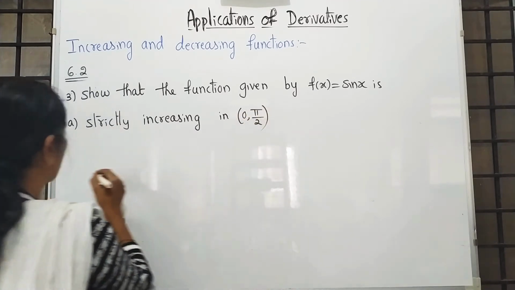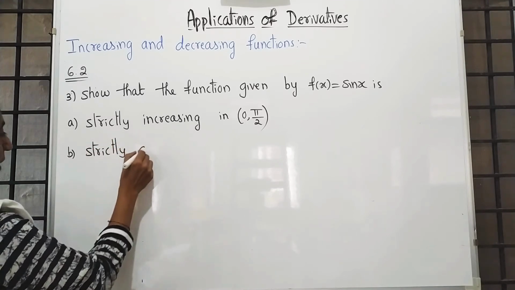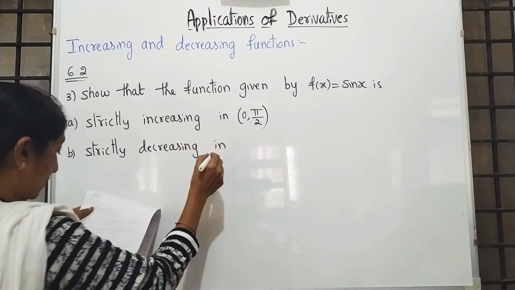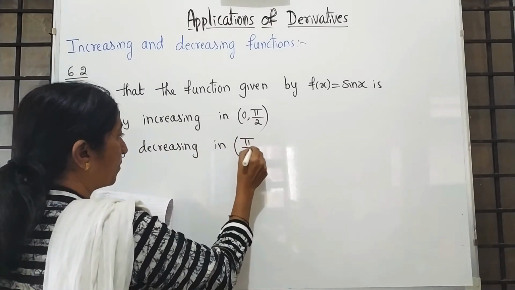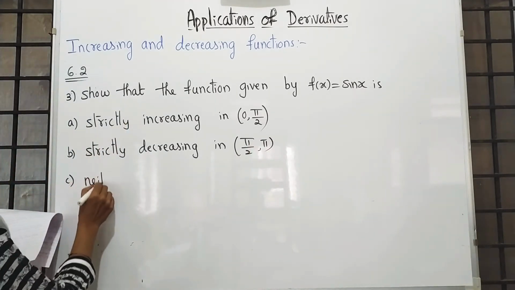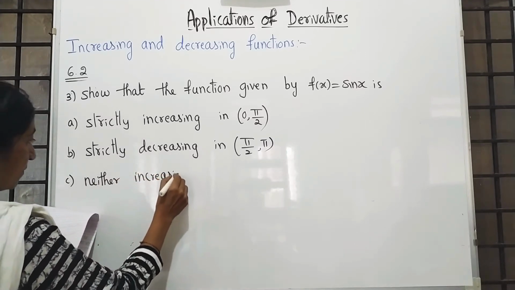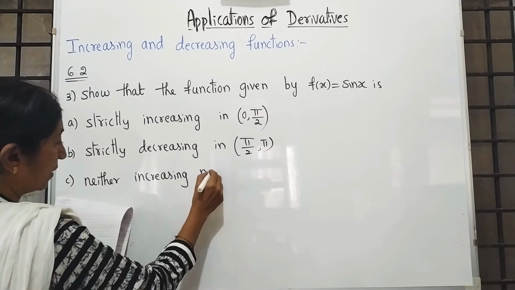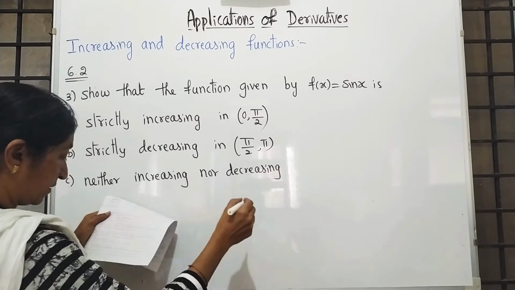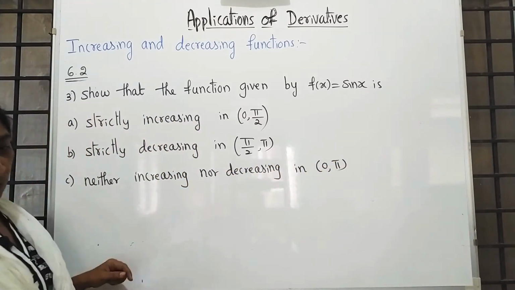Second one, strictly decreasing in pi by 2 comma pi. Third one, neither increasing nor decreasing in 0 comma pi. So what we have to do?